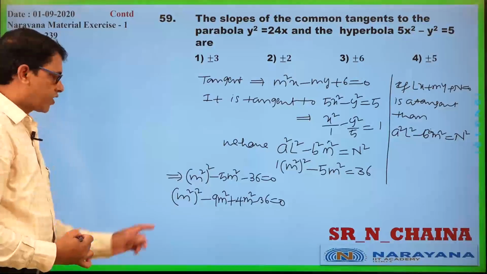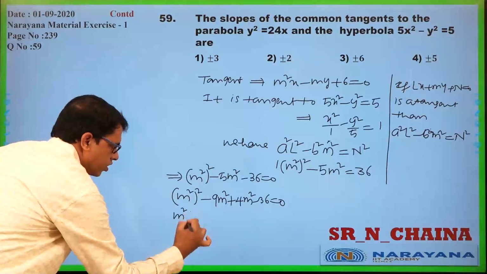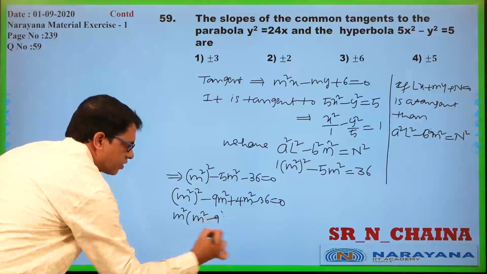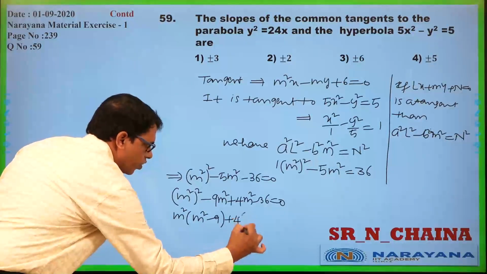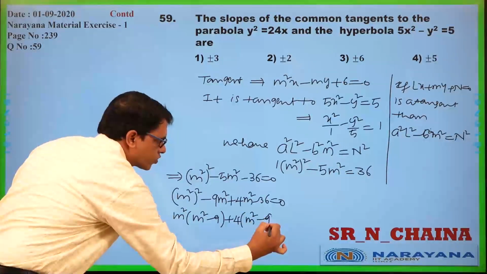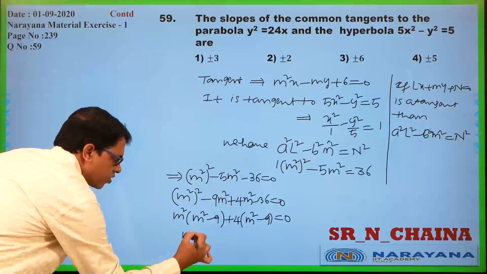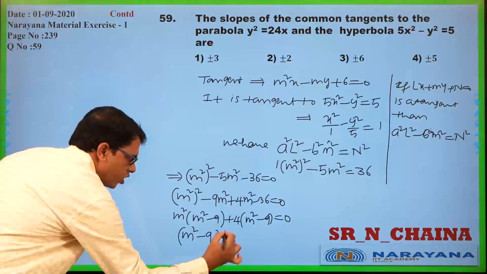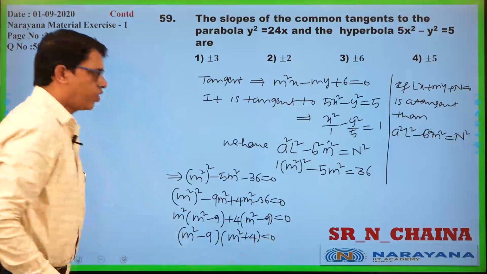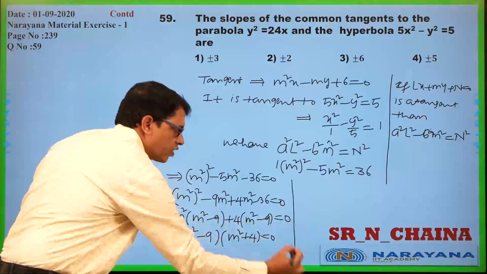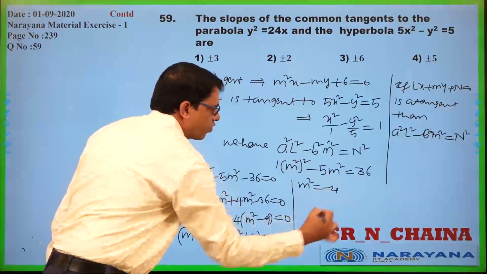In the first and second, m square common, we get m square minus 9. Taking 4 common, plus 4 into m square minus 9 equals to 0. So, again m square minus 9 common, m square minus 9 whole into m square plus 4 equals to 0.